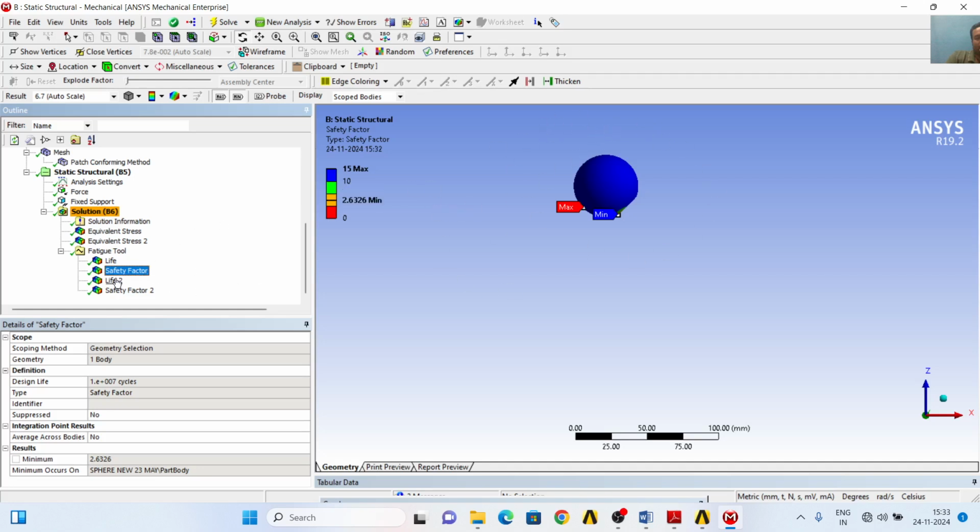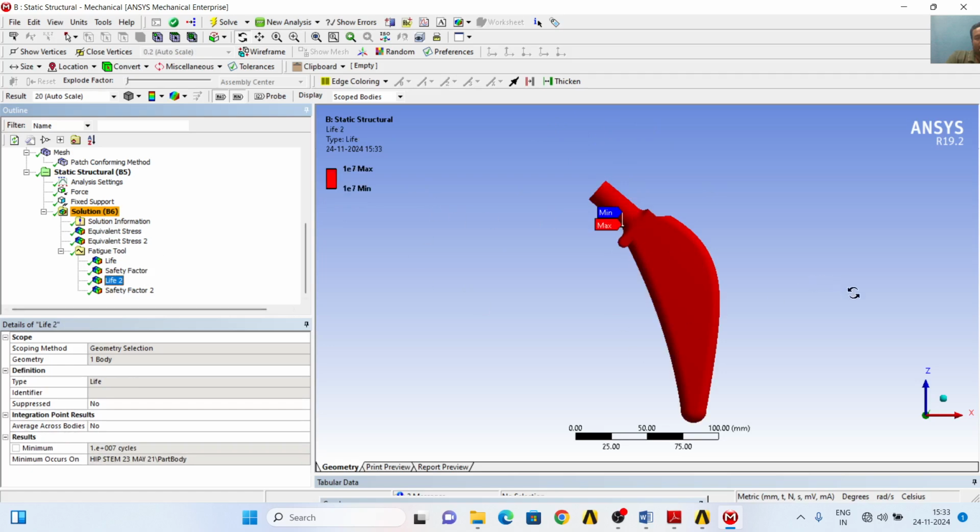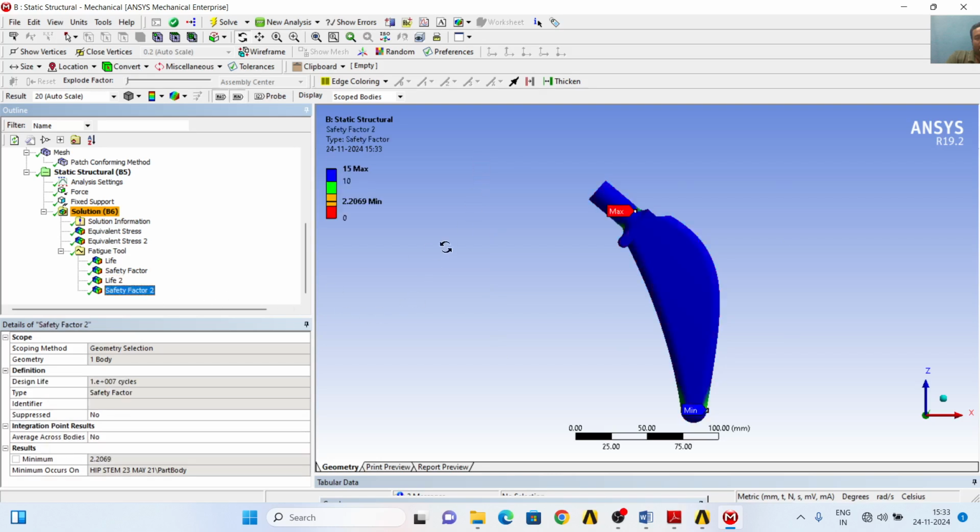Okay, and for the stem there is also the life of 1e7, which is 10 to the power 7 life cycles. The stem is also going to survive, and the safety factor for the stem will be 2.2069, which is considered safe as per engineering design.